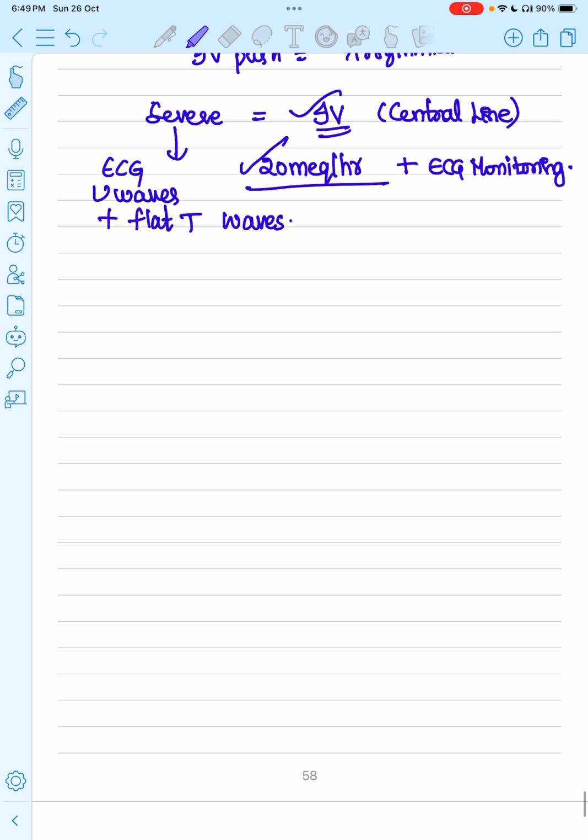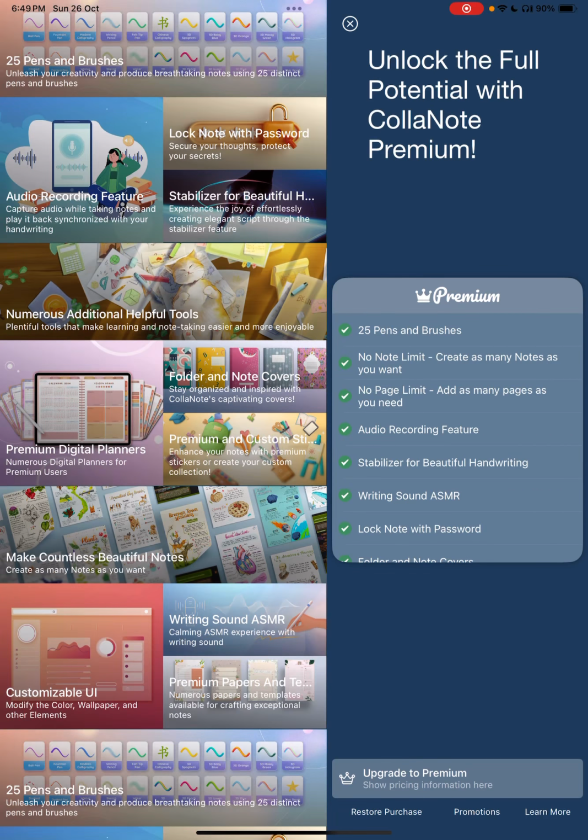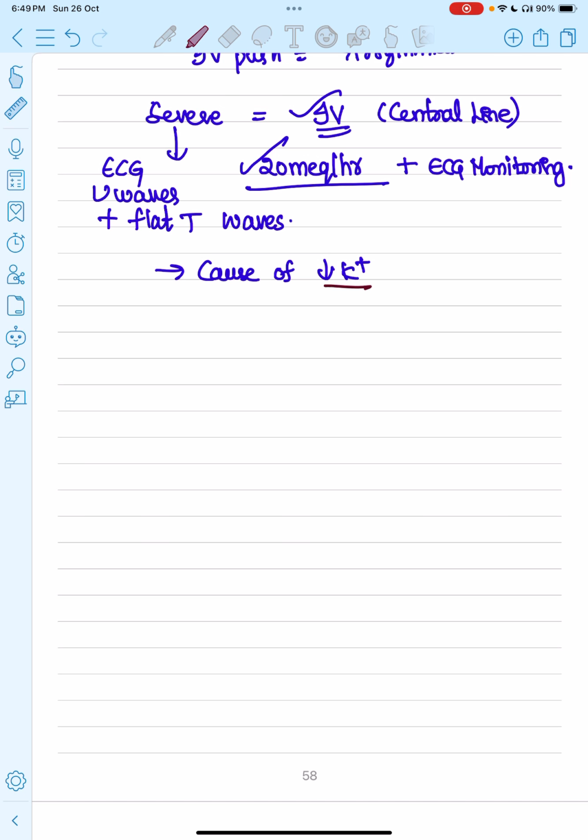It is always important to find the cause of hypokalemia. Just treating the hypokalemia with KCl injection or oral tablets will not cure it. The cause of hypokalemia is very important. Causes might be due to improper diet, like their diet doesn't contain potassium.